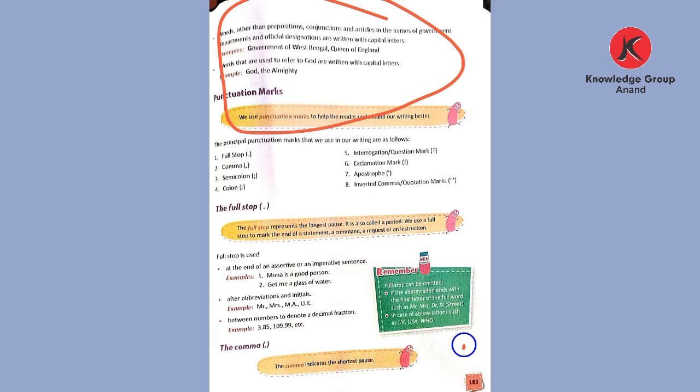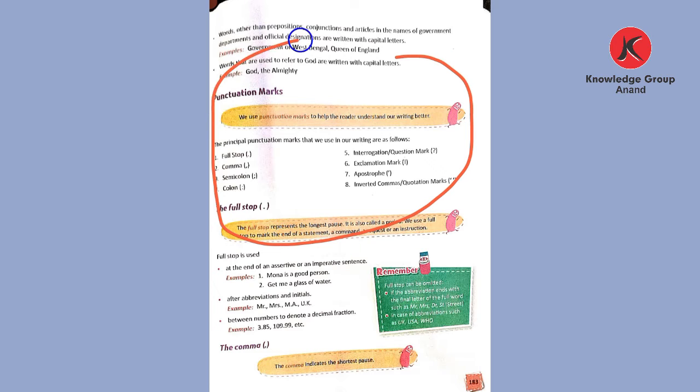Example, Government of West Bengal, Queen of England. Queen of England is a designation. Words that are used to refer to gods are written with capital letters, God the Almighty.